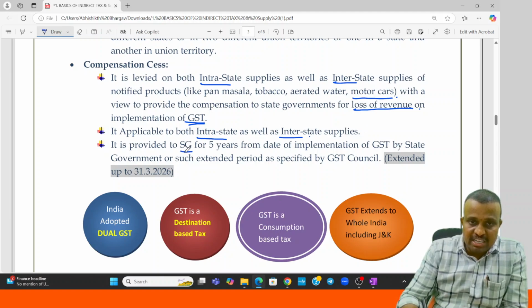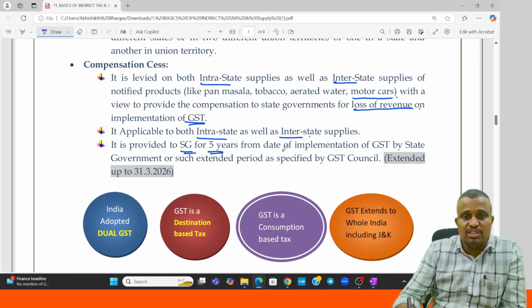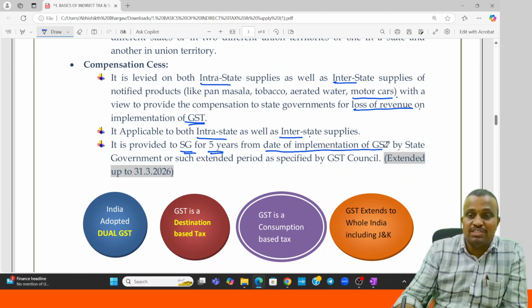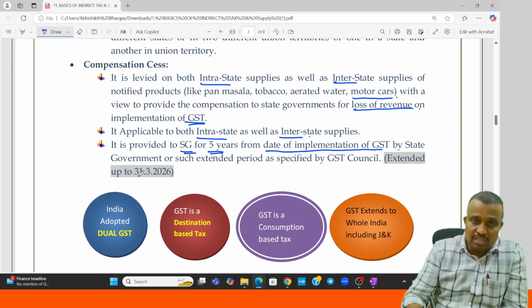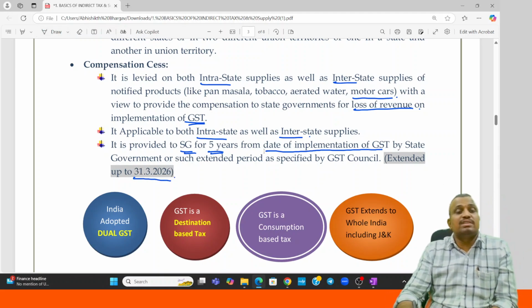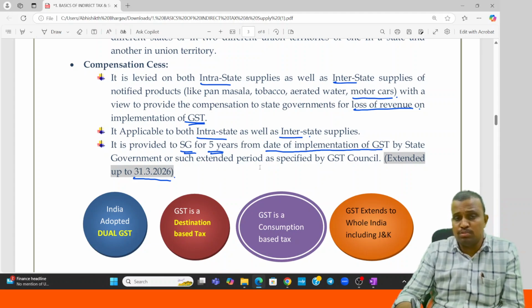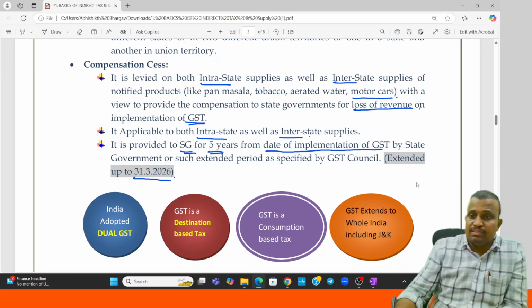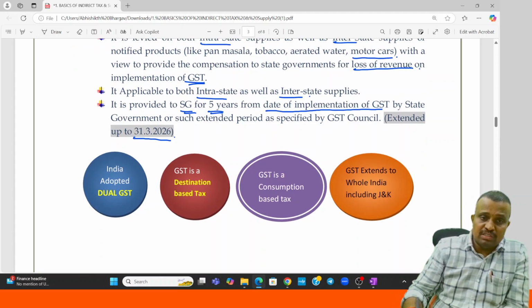It is provided to state governments for how many years? 5 years from the date of implementation of GST, and later it has been extended by the GST Council. Now it has been extended up to what? 31st March 2026. Okay, then coming to the next one.